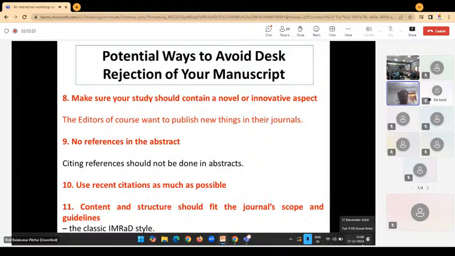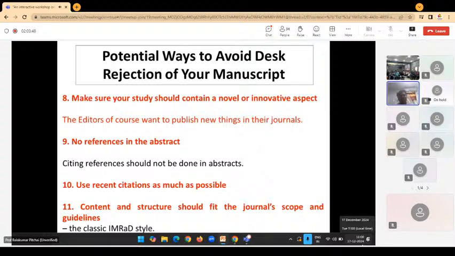Because the editors, of course, want to publish new things in their journal. Then only they get more citations. If they get more citations from your article, their H index will go up. Their impact factor will go up. For example, Pharmacological Research, as far as my knowledge goes, in 2000, its impact factor was 1.7.